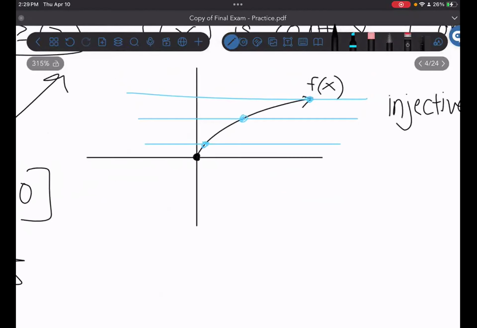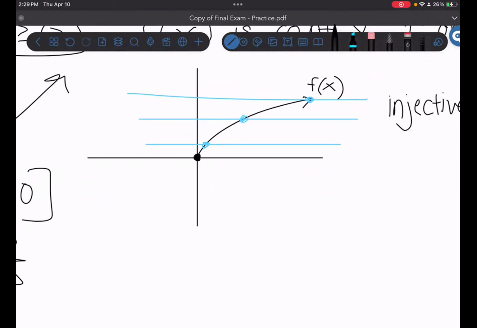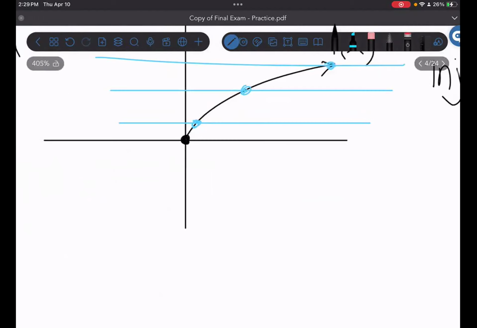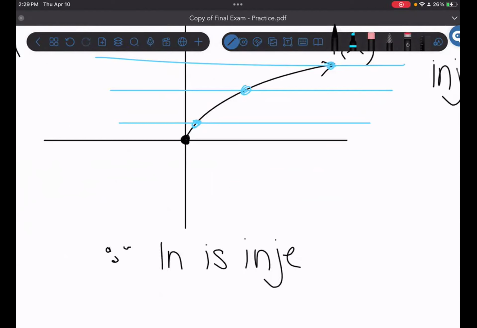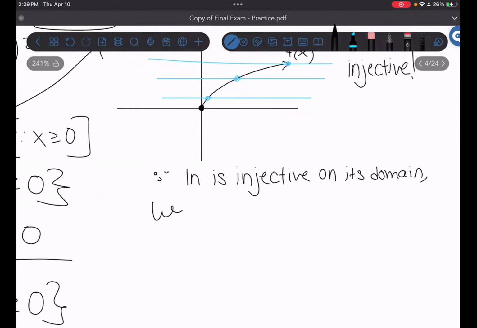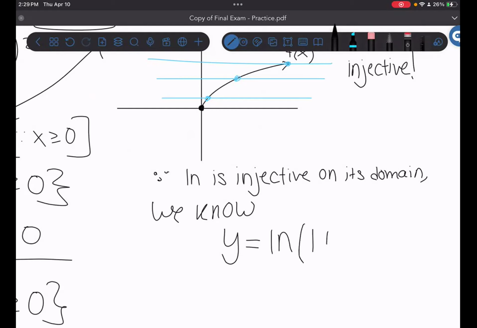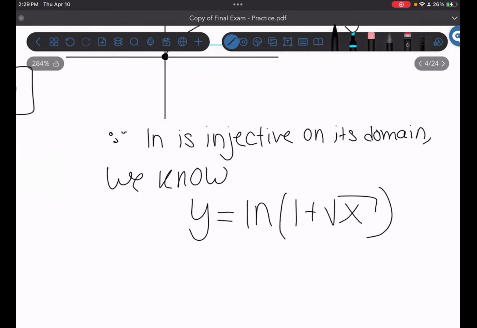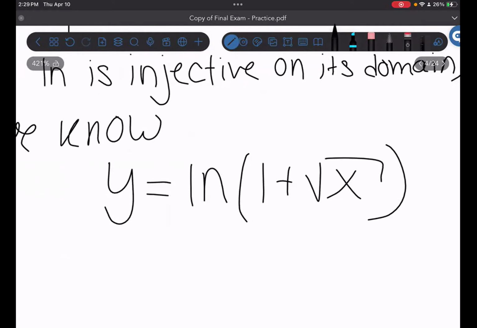Yeah, so it is injective. But you could also see, since we know that natural log functions, like ln of x, are also injective, right? Since ln is injective on its domain, we could also do this: instead of f of x, we replace it with y, and we could solve for x.